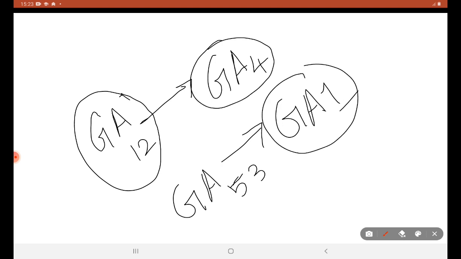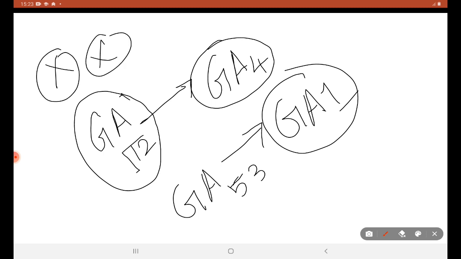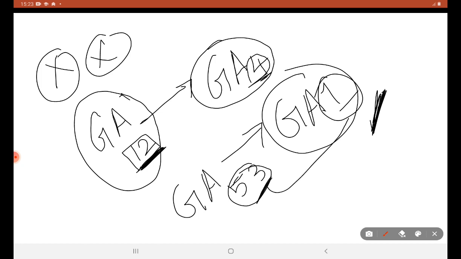Okay, this is a pointer. GA12 will give rise to 4, 53 gives 1. This will be asked in the exam. Remember the numbers: 12 gives 4, 53 gives 1. This is an odd number, this is an even number, and it gives an even number. So somehow try to remember this.